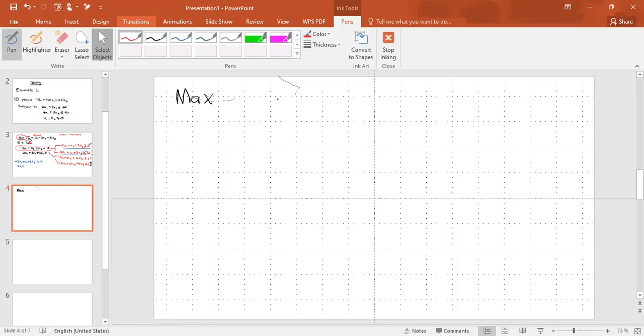So let's say maximize Z equals 3x1 plus 4x2 plus 7x3, then subject to x1 plus x2 plus x3 less than or equal to 8.